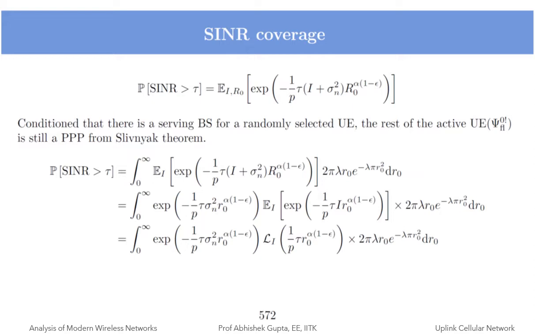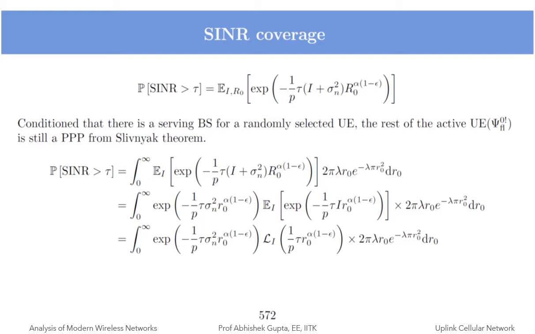Now we apply the same thing, this Slivnyak theorem. Since we are conditioning on R0, which means there is a UE and there is a serving base station, the rest of the active UEs, if you remove that UE, are still going to be a PPP.